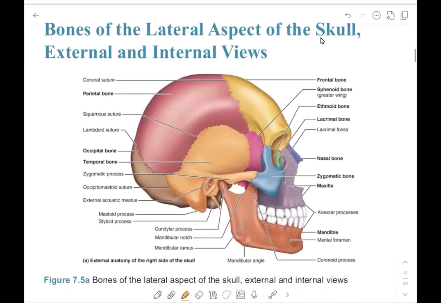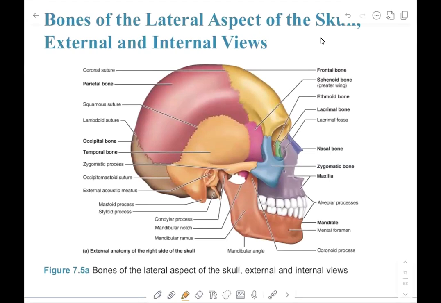On the next slide, we have a lateral view of the skull. So the cranial bones are the parietal bone, occipital, temporal, frontal, sphenoid, ethmoid, and the facial bones that are shown are the lacrimal, nasal, zygomatic bone, maxilla, as well as mandible.